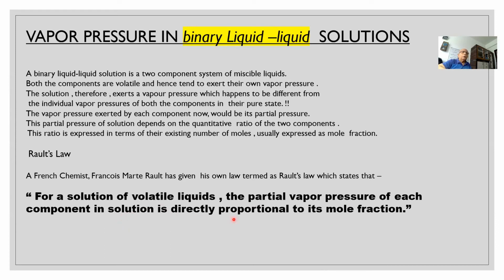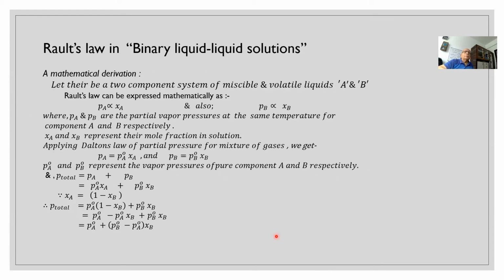When we say partial pressure, we mean there can be a certain number of gases present in the mixture. In this case, since we have taken a binary liquid-liquid solution, there are two components, and the vapors of both will be there. So the partial pressure of each component is directly proportional to its mole fraction: how many moles we have mixed out of the total number of moles present in the solution. So you have to learn it.